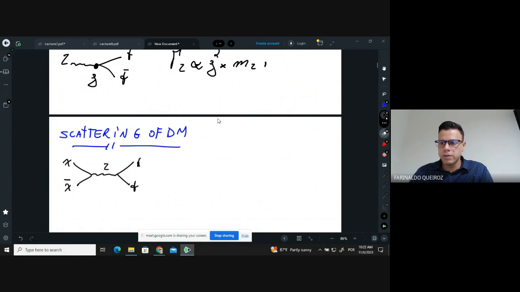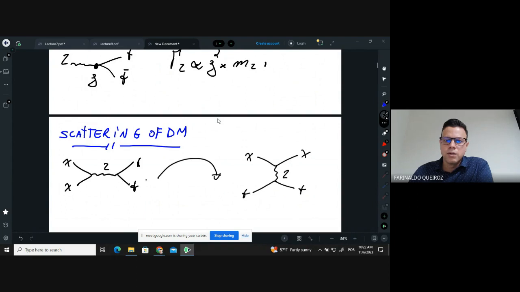Now I'm going to just remove this bar for convenience, and you're going to see soon why I removed it. So I'm going to flip this diagram, rotate in this direction. Then I have chi, Z, fermion. So now that was annihilation. And now this is scattering.